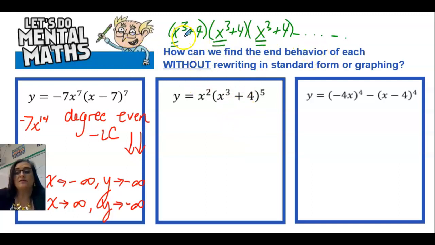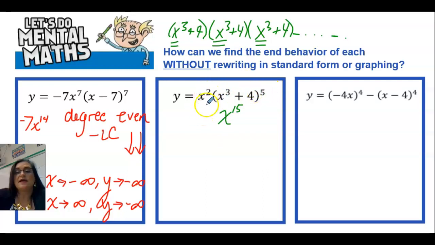So an x to the third, if I multiply 5 of those together, I would have an x to the third to the 5th power. So we would multiply the exponents, and I would end up with an x to the 15th as my highest exponent term from that binomial being raised to the 5th power.